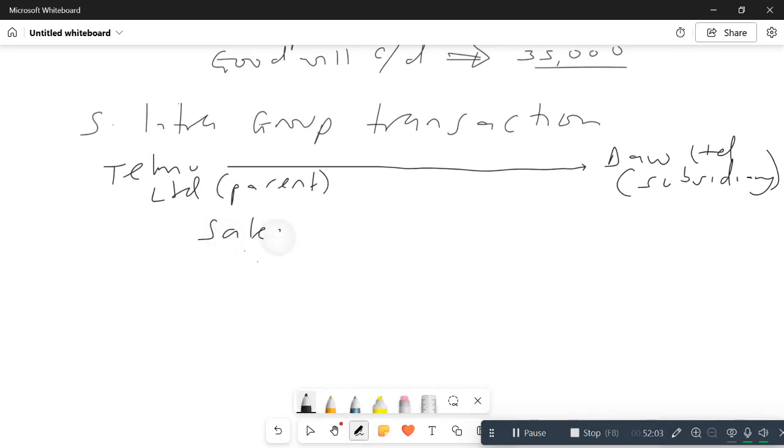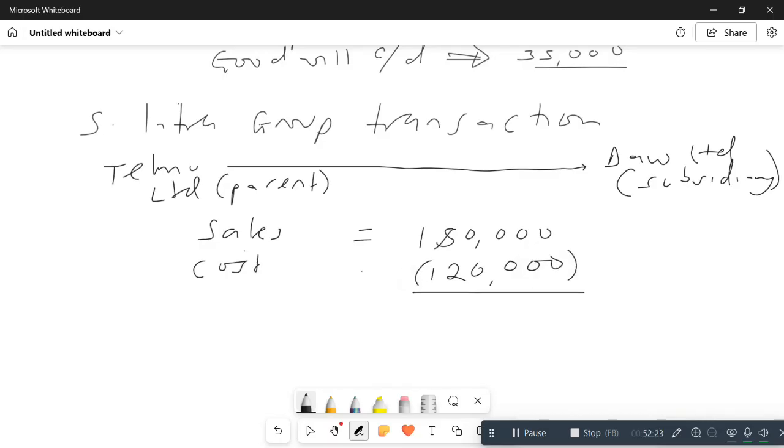Sales were equal to 180, and cost of purchases, cost was 120. Of course, we know in our earlier studies, when you get sales minus cost, what do you get? You come up with gross profit.